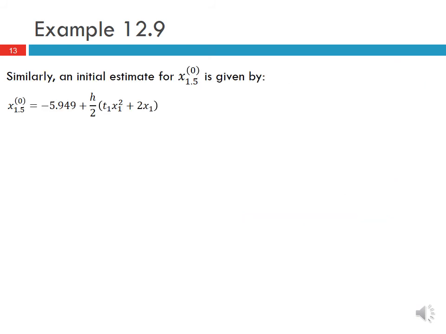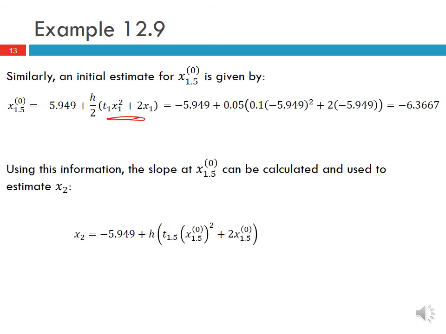Looking at the next time point, we find this intermediate value, x of 1.5, given as shown here, where we're evaluating everything at x1 and t1. Plugging in our values, we get that x 1.5 is minus 6.3667.